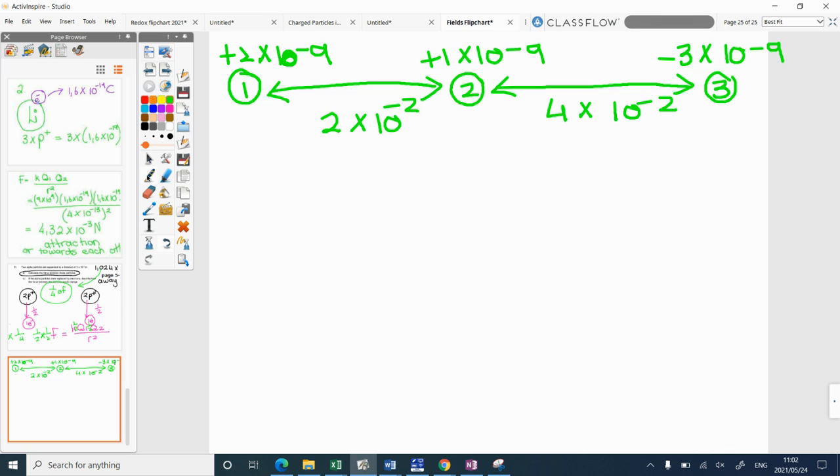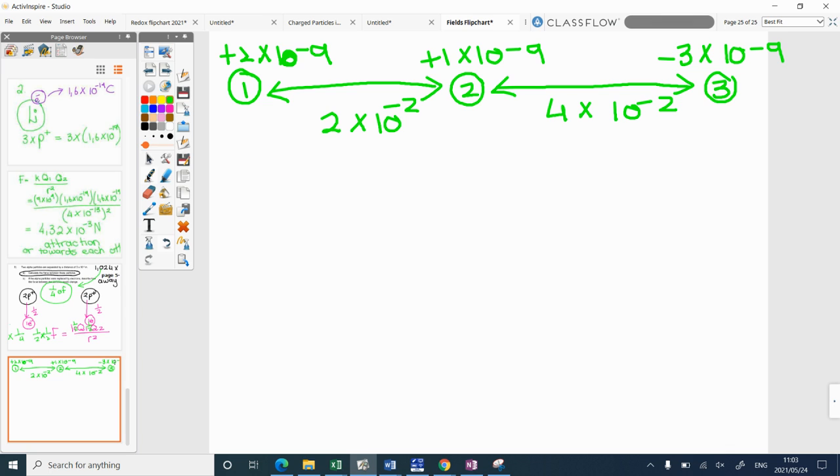Okay, so now you have to say, I'm Q2. Q2 is a power, what is it? Is it plus or minus? Plus. Right? Ignore that.